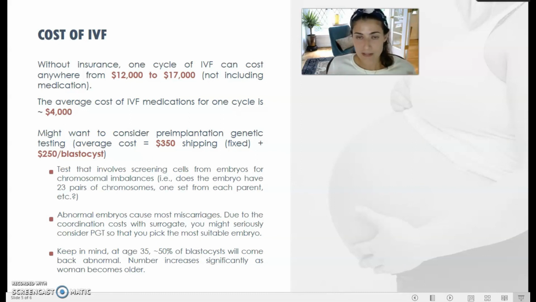And so for my case, I was 34 years old when I did IVF, and that number for me was closer to 60% or 65% of my blastocysts came back abnormal. But again, since we were dealing with a surrogate, we thought that it would be in our best interest to pick an embryo that would have the highest chance of succeeding.